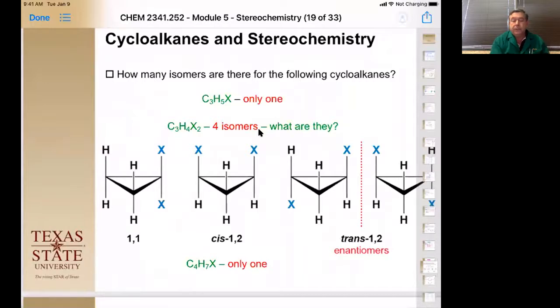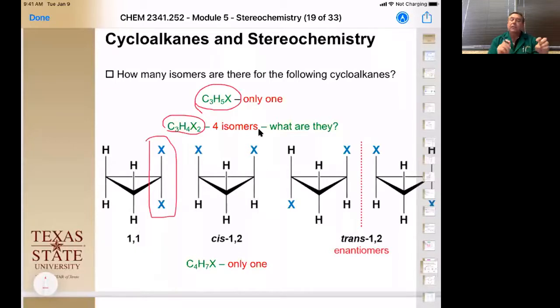So for example, if you have just one substitution on this cyclopropane right here, you only have one isomer because no matter which way you turn it or flip it, it would be equivalent to itself. But if you put two different things on a cyclopropane, you actually end up with 4 isomers. So you end up with this 1,1 isomer. And notice that there's no chirality on that because there's no carbon with 4 different things bonded to it.